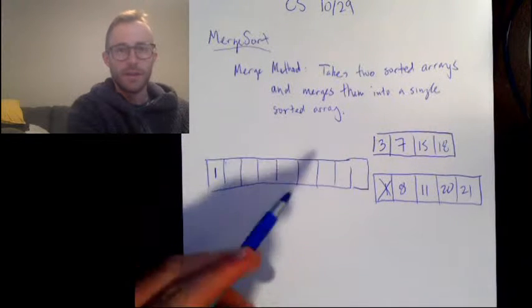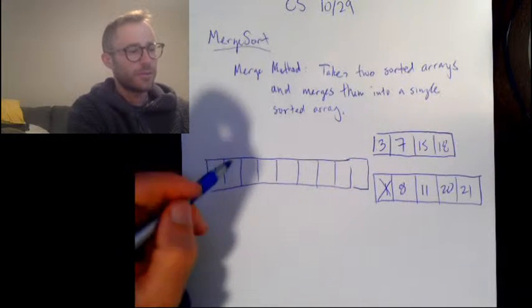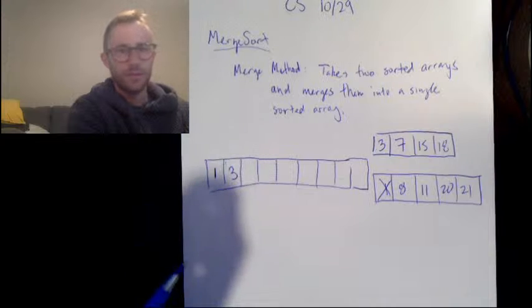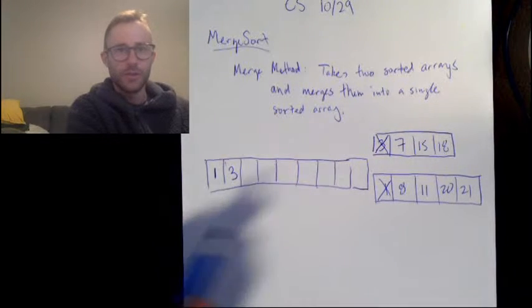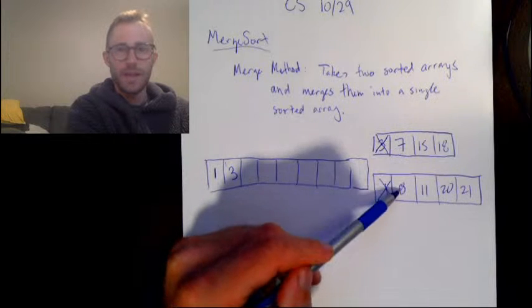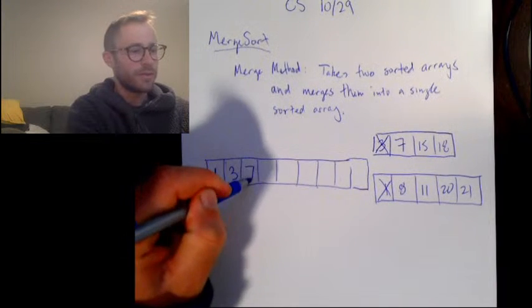Okay, now it's going to compare 3 to 8, and it's going to say, well, 3 is less than 8, so it's going to put 3 next. Okay, then it's going to compare 7 and 8. 7 is smaller, so it's going to put 7 in.